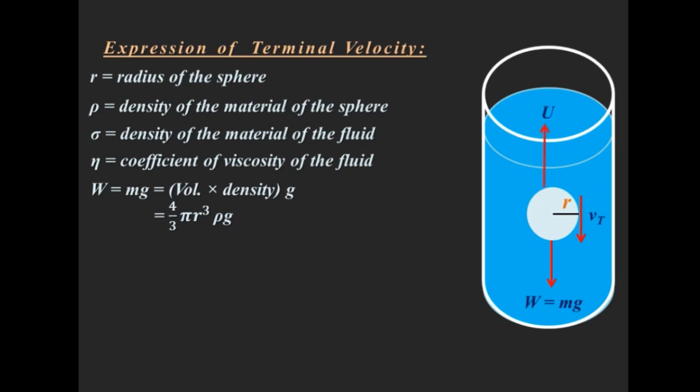Let's find out the value of this upthrust force. It will be the weight of the liquid displaced by this spherical body. So the upthrust will be 4 by 3 pi r cube sigma g. Why sigma? Because the spherical body is displacing the liquid, so the amount of liquid displaced is given by sigma here.